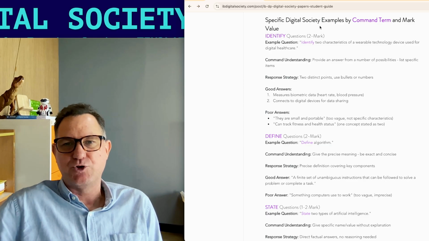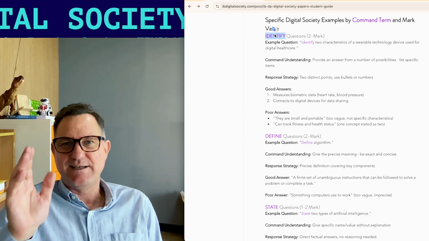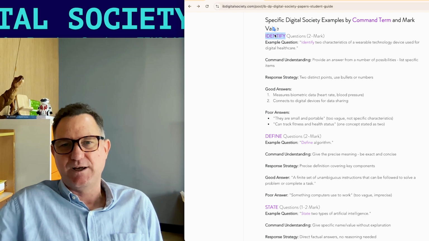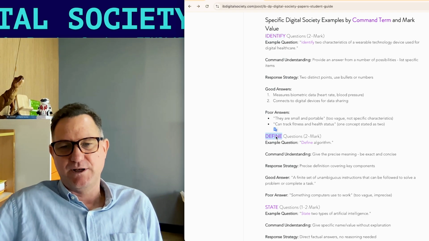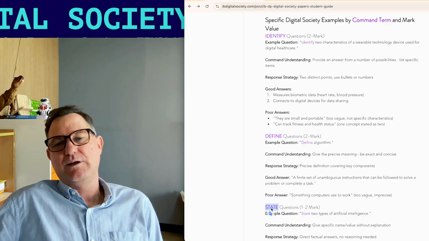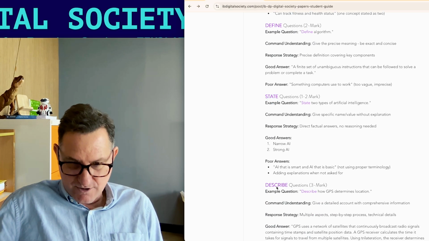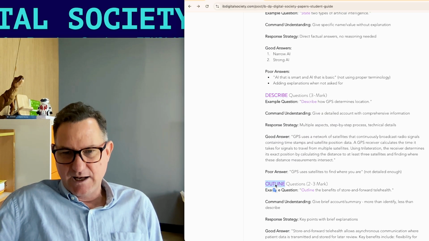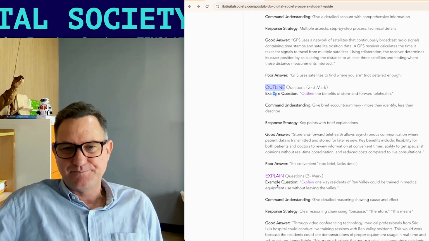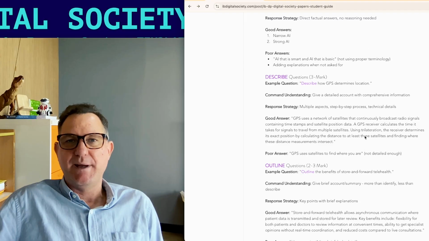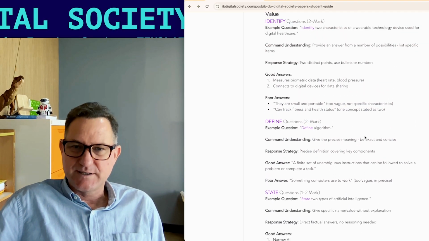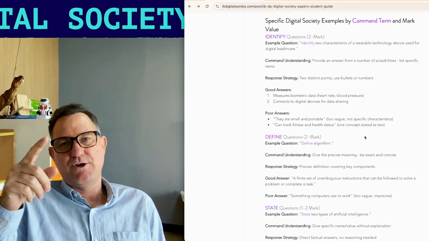If a question says identify, what kind of answer am I supposed to give? If the question asks to define, what am I trying to give? State, what does that one mean? Describe is another one. Outline, we've already talked about outline. Explain. Okay, so they're the different command terms. It's really important that you understand the different command terms and how to respond.